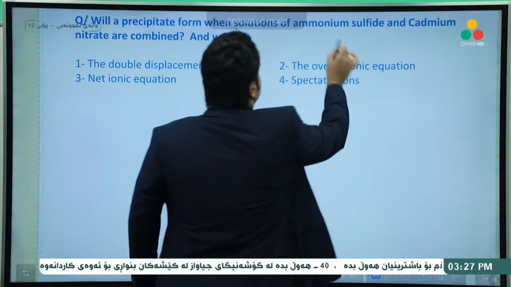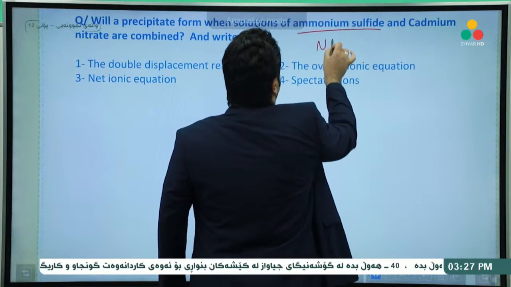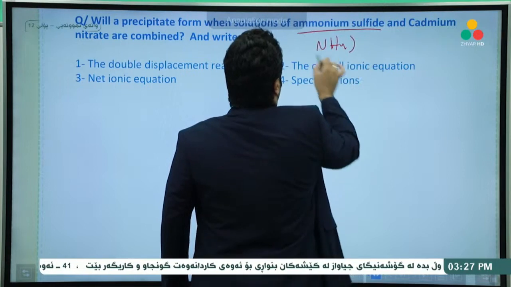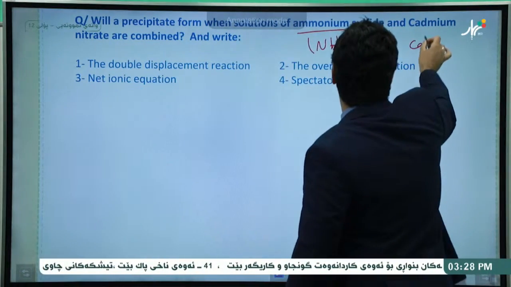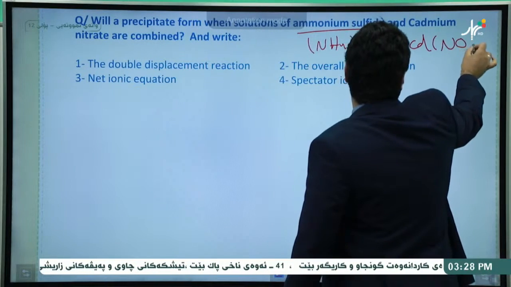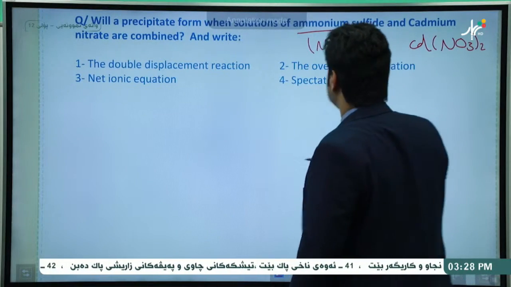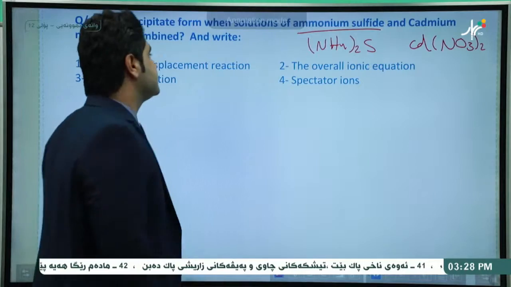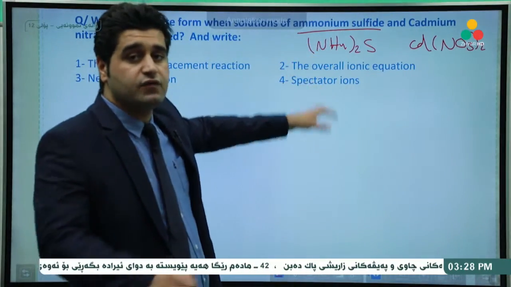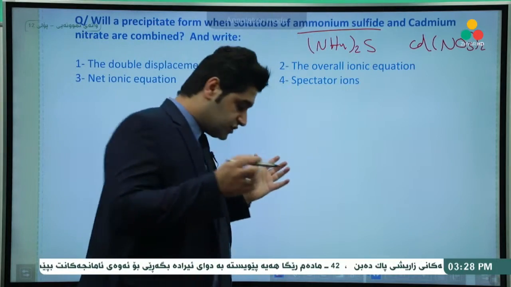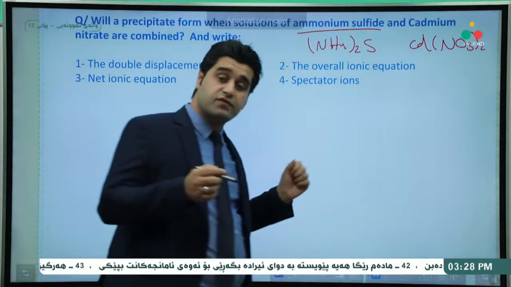Ammonium sulfide is (NH4)2S. Cadmium nitrate is Cd(NO3)2. So the question says that if we combine these two compounds, or if we mix the aqueous solution of these compounds, will a precipitate form?